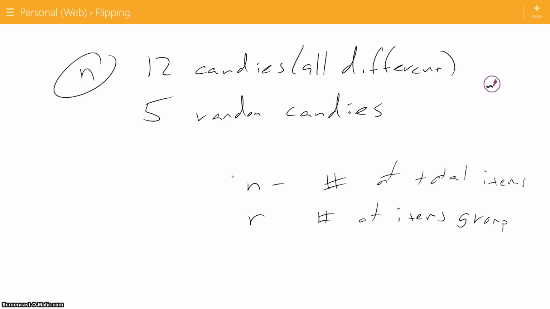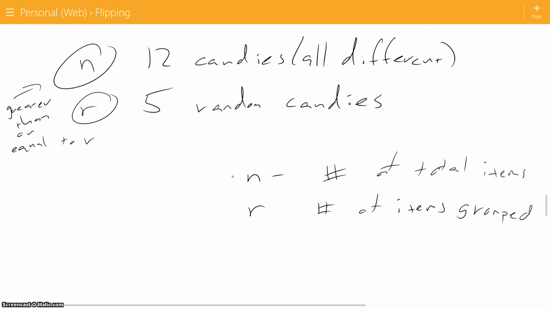Okay, kind of like what we saw with permutations when we were only selecting some. But this would make 5 our r. Again, your r has always got to be less than or equal to n. N is always greater than or equal to r. All right?